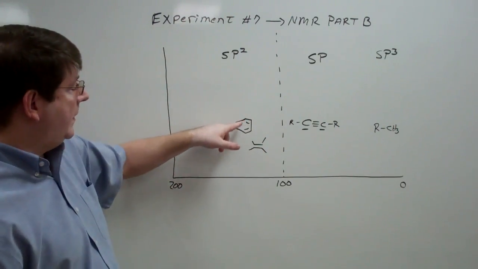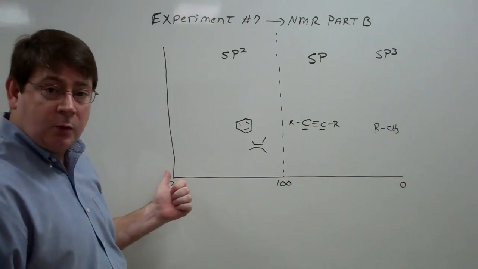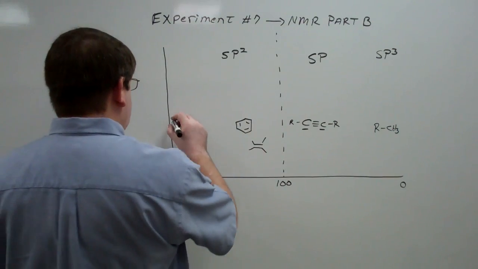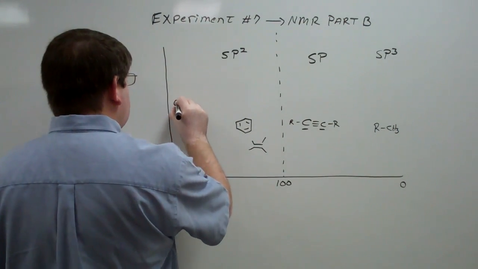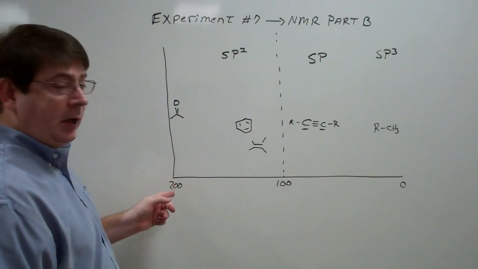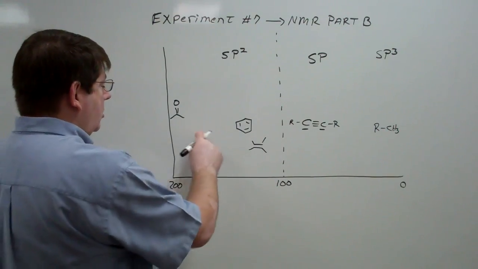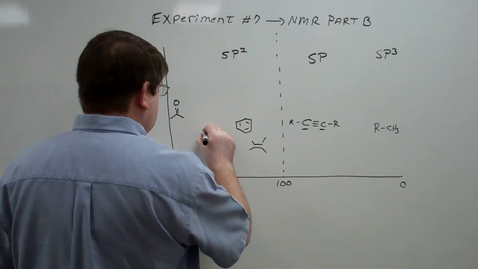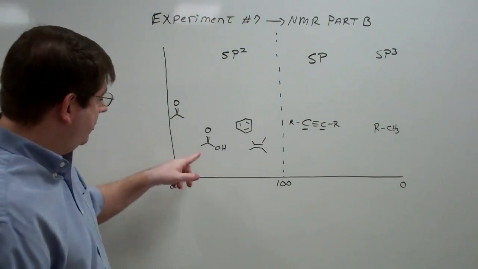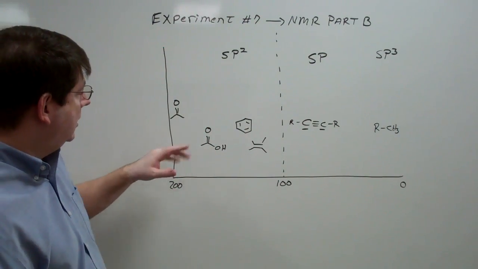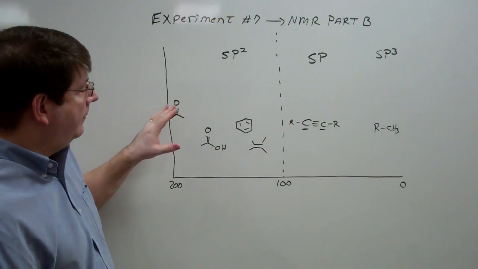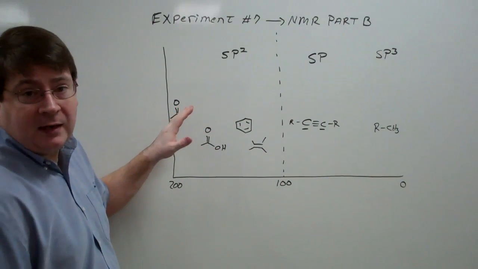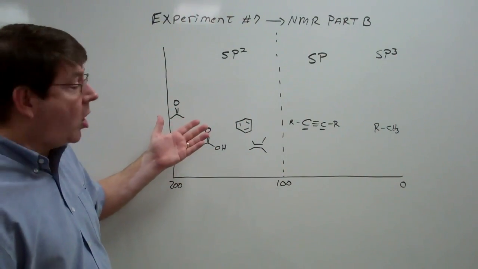All of these carbons are sp2 hybridized. And as we get closer to 200, we would expect to see things like ketones and aldehydes. Those will appear pretty close to 200. And we would expect to see carboxylic acids and esters somewhere around 170 to 180 parts per million, so in this region. So this is kind of a rough diagram that you can use to predict what type of carbon you have pretty easy.